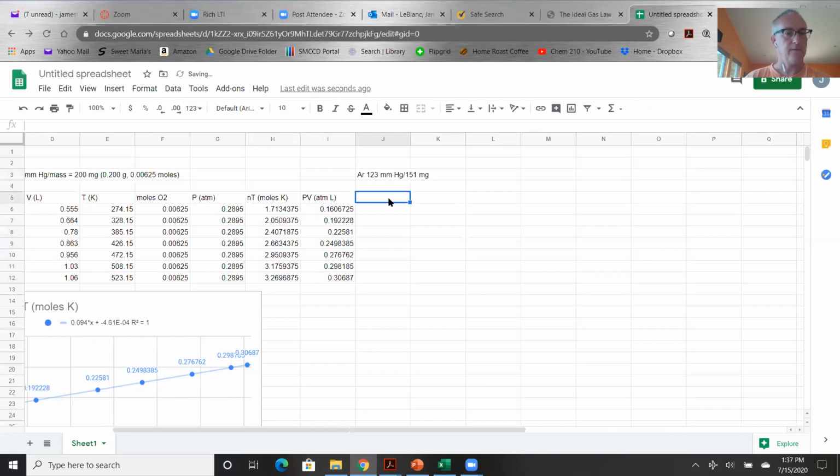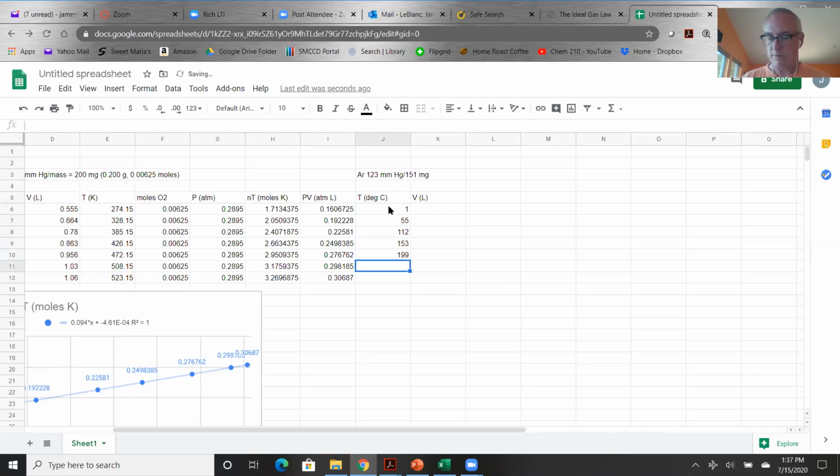I have changed the temperature in degrees C. And I've collected volume in liters. Right, then I just put them in there. So 155, 112, 153, 199, 235, 250.